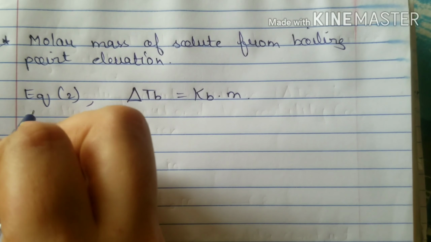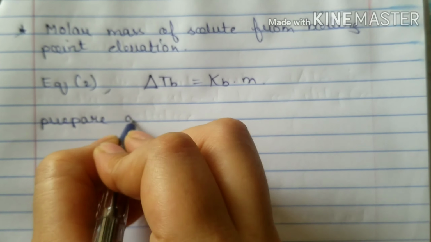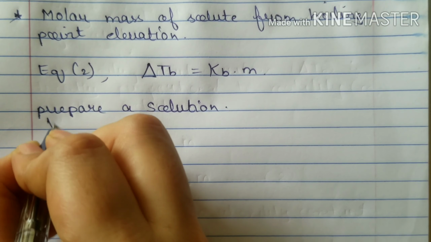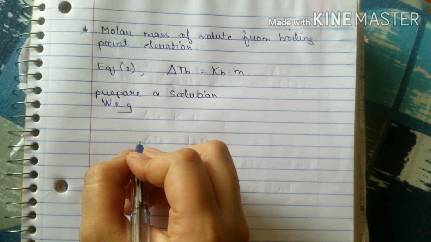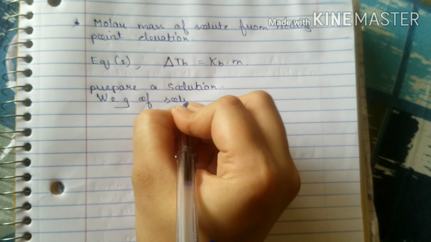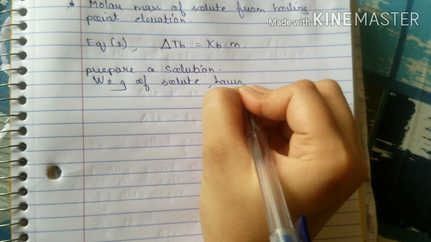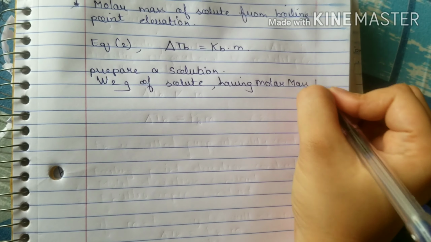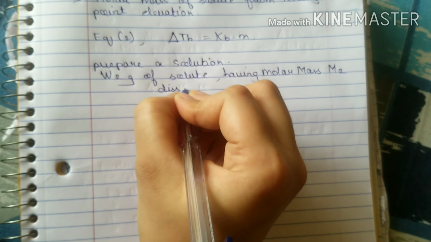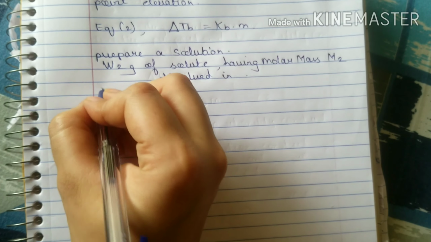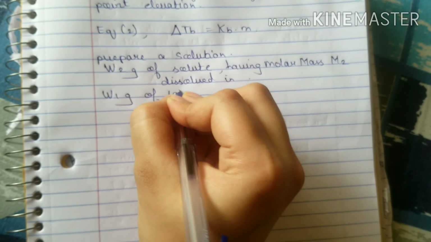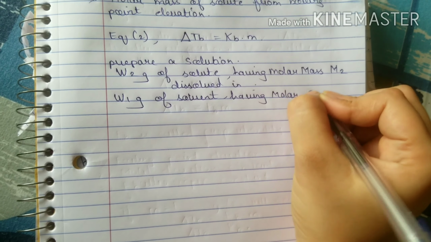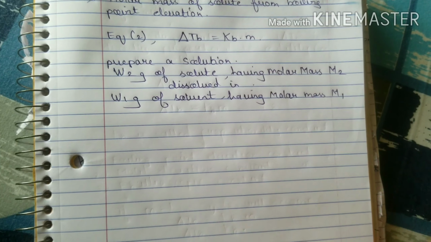Now we are going to prepare a solution. So how are we going to prepare a solution? We are going to take W2 gram of solute having molar mass, because it is solute, it is going to be M2, dissolved in W1 gram of solvent having molar mass M1, right?